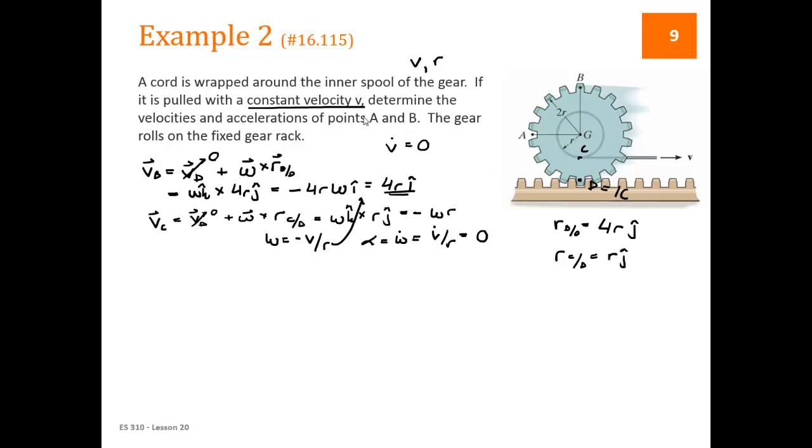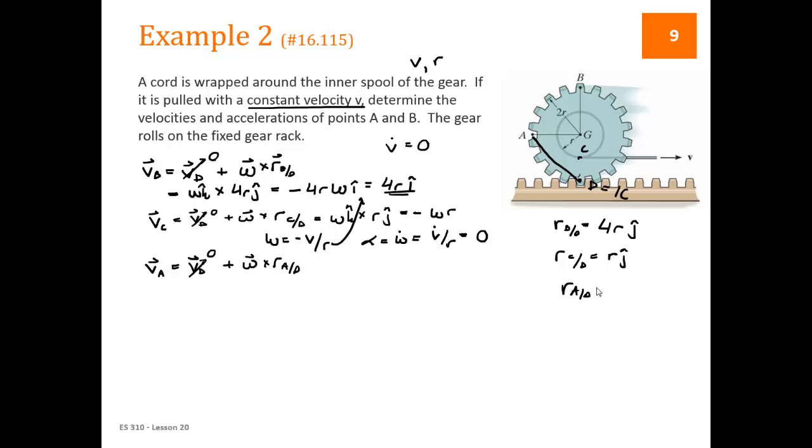That was one of the questions they asked. We now need to find VA. So VA is equal to a similar equation. We're going to use VD again, instantaneous center of zero velocity, plus omega crossed with RAD. Well, RAD is this distance.